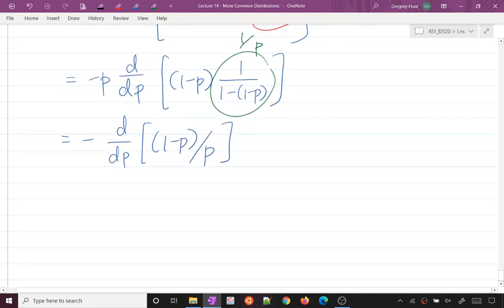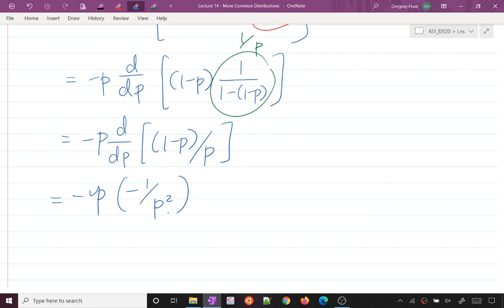And you could do some calculus. If you do the calculus on this, oops, I forgot my p here, so negative p, take the derivative, I'm going to get negative 1 over p squared. You can believe that. Do the little calc 1 problem, and of course the negatives cancel.